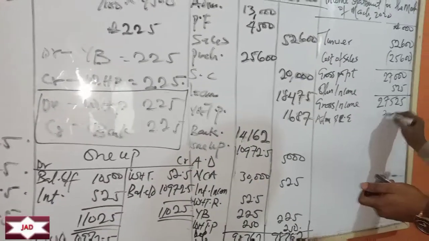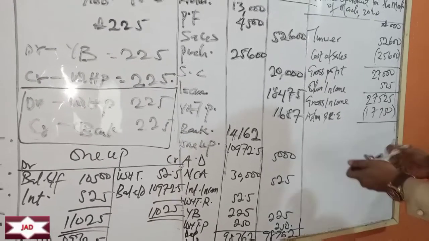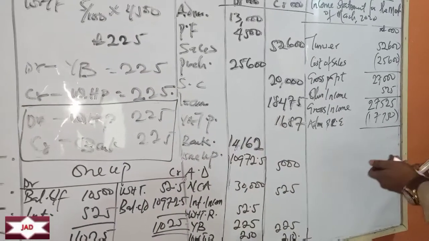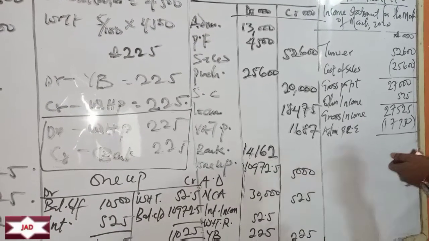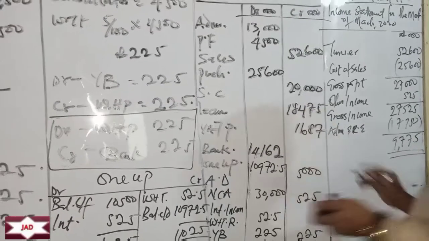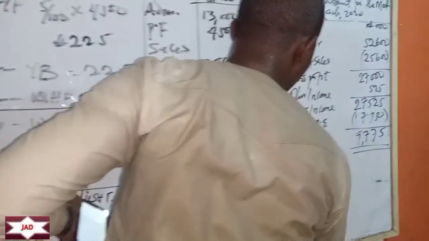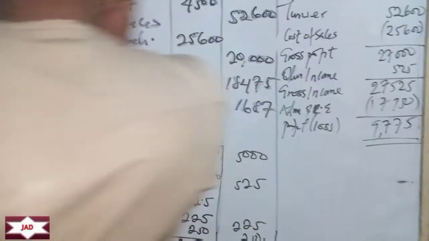That gives 17,750. Okay, so we take that out. We have 9,775. So this is your profit or loss for the year.